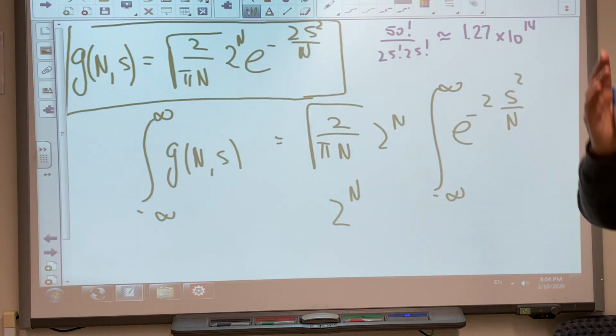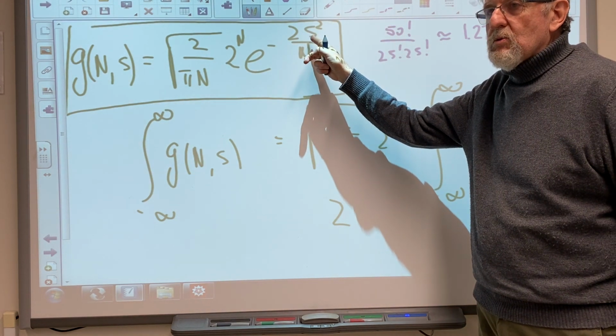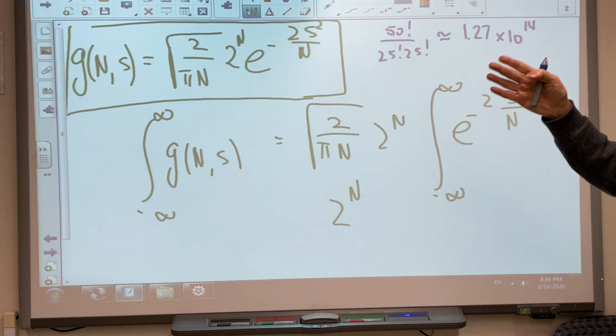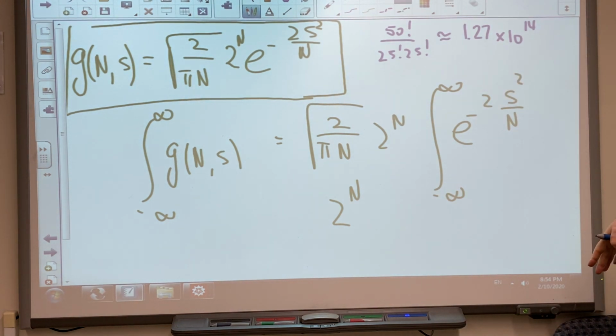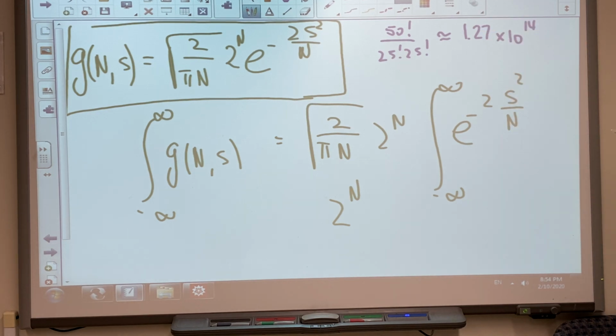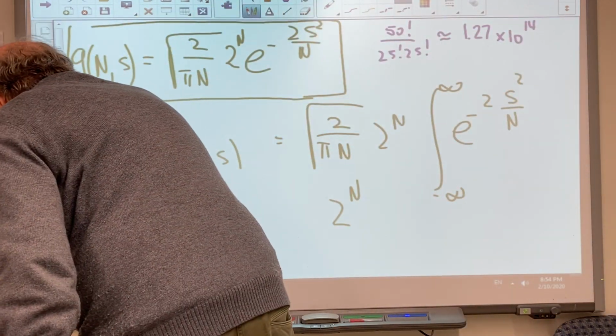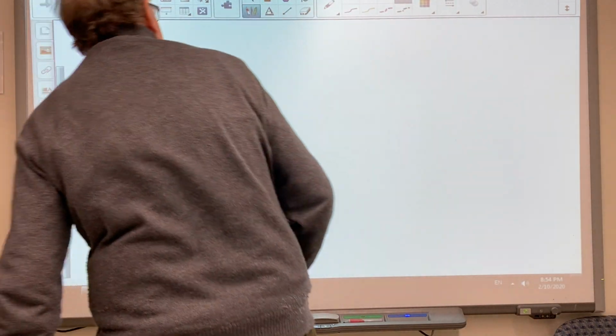And if you have 27 spins up and 23 down, that corresponds to s equals to 2, and so on. So you see, you decay quite fast from the maximum. You have a maximum and you decay exponentially. And if you want to know how fast you decay, well, let me do it here.